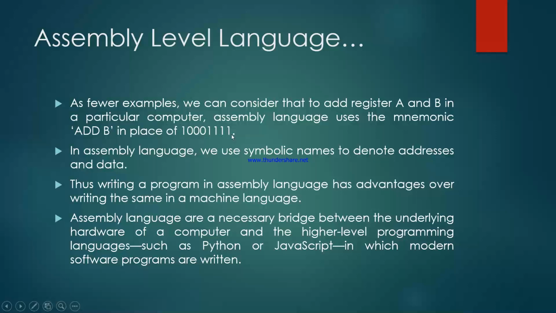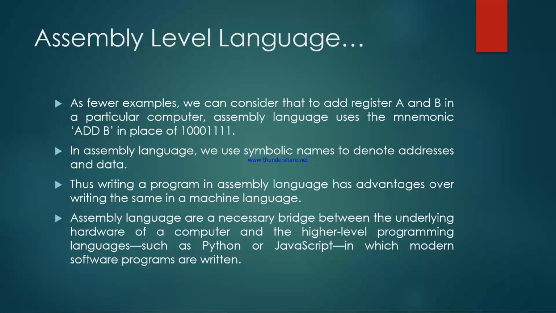These are the binary language in the form of 0 and 1, and assembly level language uses the mnemonic called ADD B. If we want to add 2 registers, then we use ADD B. If we want to subtract 2 registers, then we use SUB B. So in assembly level language, we use symbolic names to denote the addresses and the data.